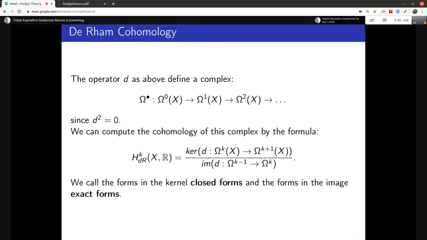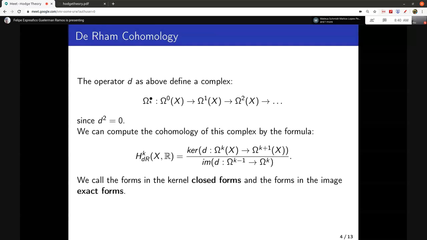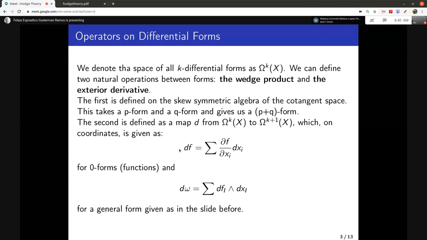Then we can define the de Rham cohomology, which is just considering the complex of differential forms with the operator d. Of course, it's important to say that d squared is 0. For 0 forms, it's simple.